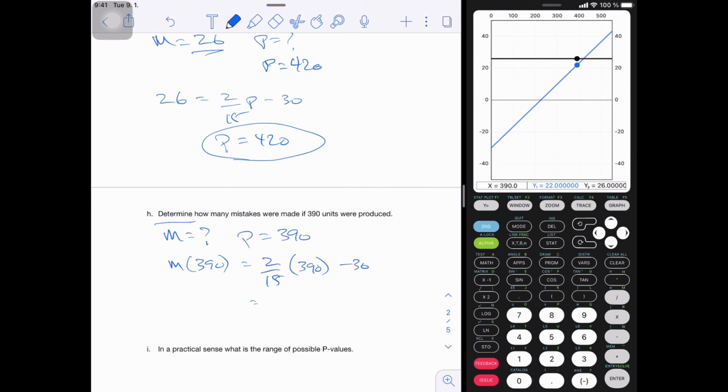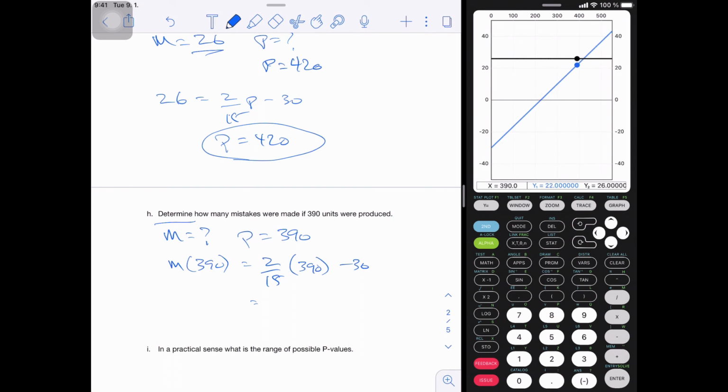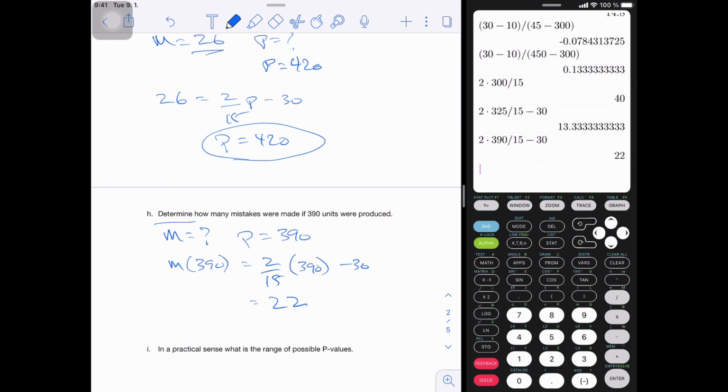Now if I just trace for when x is 390, I can see that the blue value here is 22. Similarly, if I go to my calculator and go 2 times 390 divided by 15, and then subtract 30, you can see that it is 22. And this means there are 22 mistakes when they work for 390.